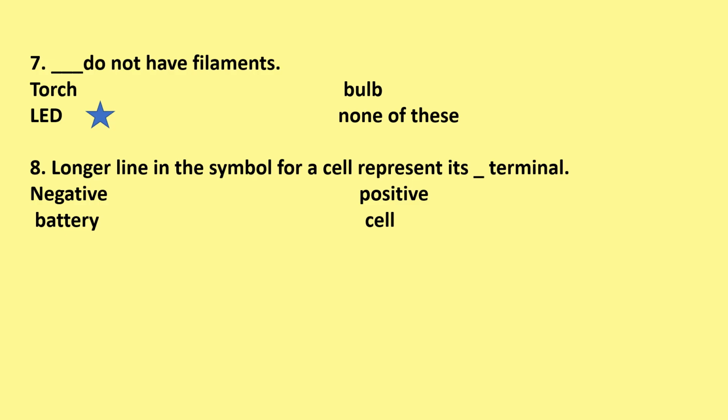The correct answer here is the positive terminal. In a cell, the longer line shows the positive terminal and the shorter line shows the negative terminal.